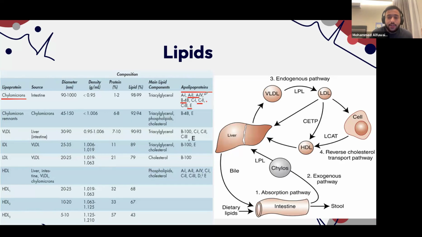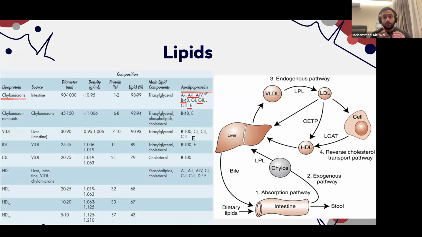Now, which of these activates lipoprotein lipase? Do you guys know? All right, from these, the one that activates lipoprotein lipase is C2. So what happens is this chylomicron in the blood vessel, you'll get lipoprotein lipase because of the C2.